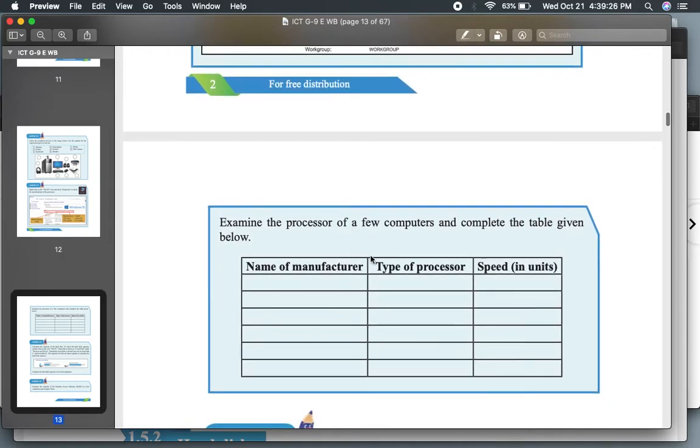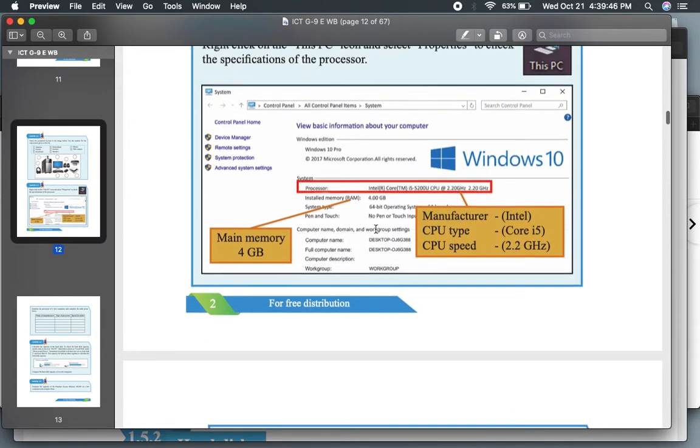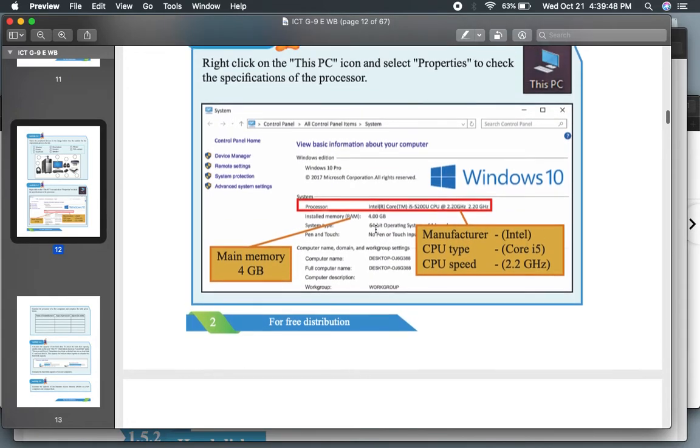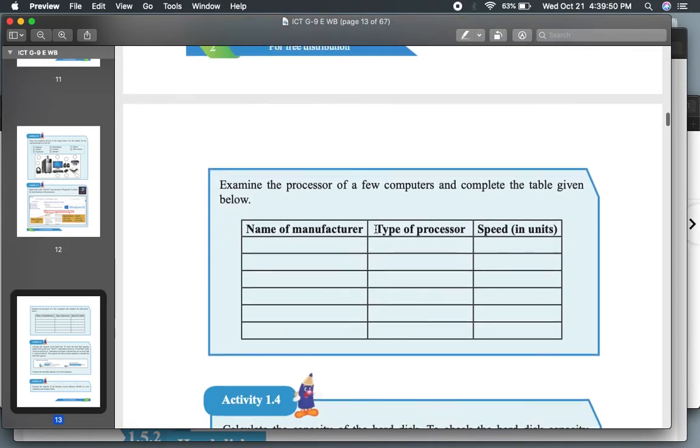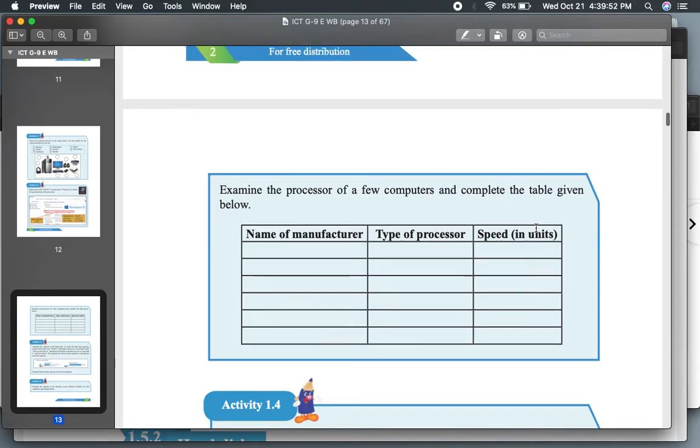And after that, in the workbook, they ask you to examine the processor of a few computers and complete the table given below. So, if you have access to several computers, you can look at the specifications or the properties and then list them out.